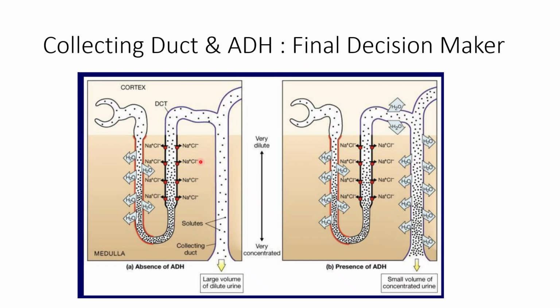ADH is released and acts upon the collecting duct, as you can see in the second diagram, and this concentration gradient helps the water flow. However, in the absence of these receptors, the water channels are closed and the urine passes as it is. This happens when there is enough hydration. The hydration status is maintained and there is no need to conserve water.